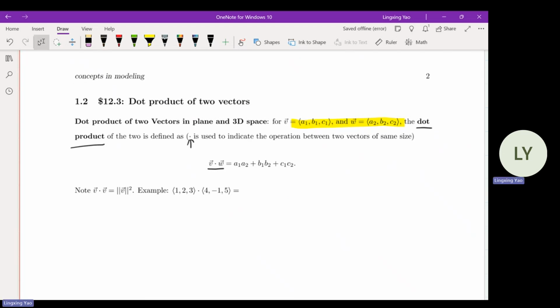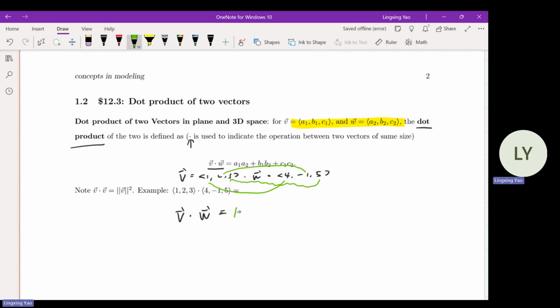Okay, so one thing we can think of is that if this v vector is 1, 2, 3, and this w vector is 4, -1, and 5, how do we compute v dot w? Well, remember, corresponding components are multiplied together.